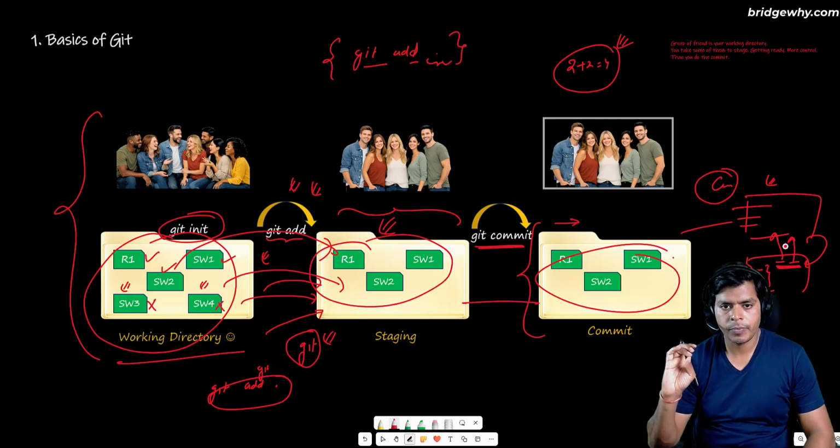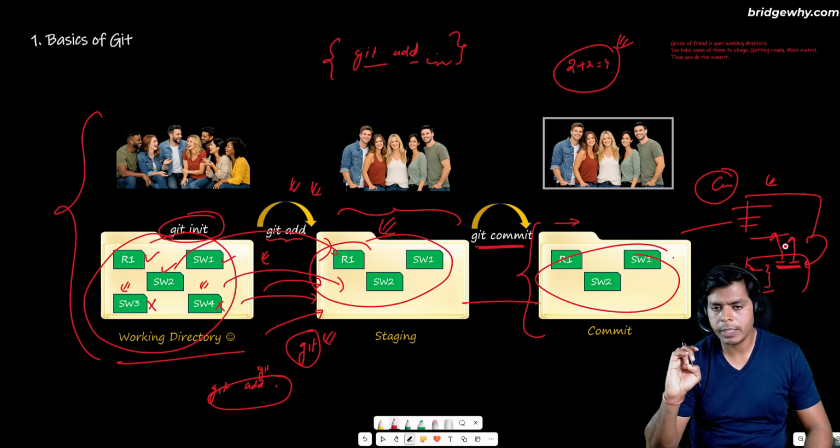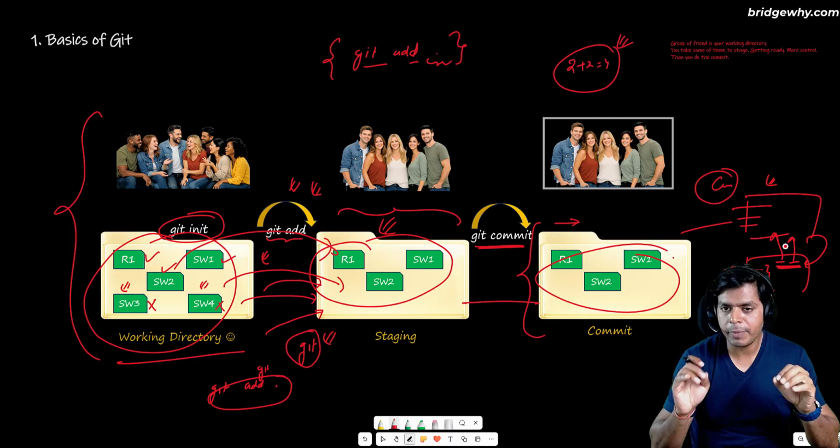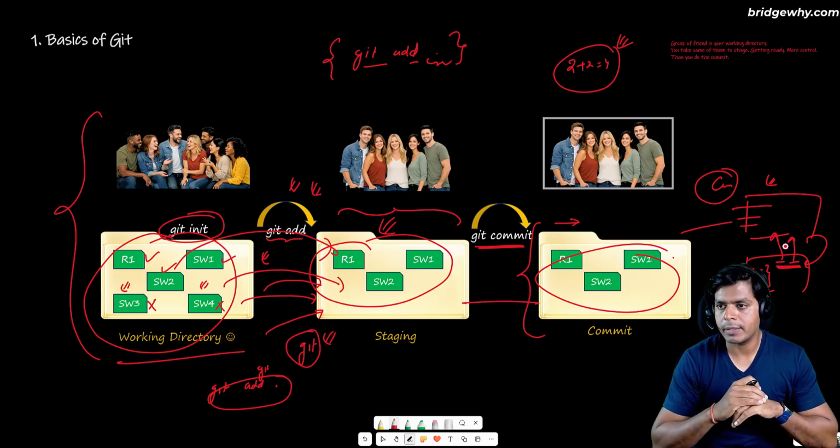Before I do the git commit, is it possible to add one more with git add? Yes, 100%. And just wait for the demonstration. I will be doing all these if and buts there. Don't worry, Saleh. So it is not required to go to git commit before that, I can do another git add. Yes. Okay. So if I want to delete anything, is that also possible? Yes, yes.